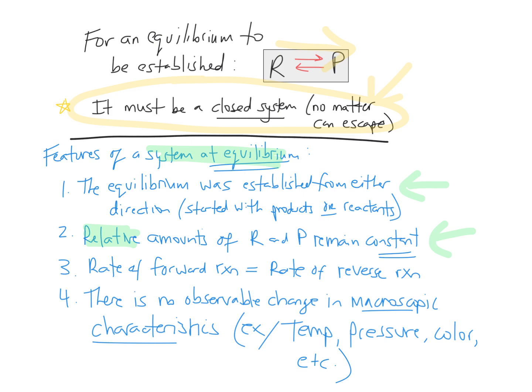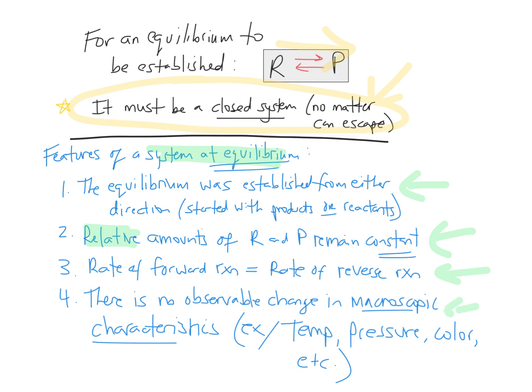Notice that it does not say that the amount of reactants and the amount of products are the same at equilibrium. Okay, they're not necessarily the same, but respectively, they remain constant and they remain unchanged if an equilibrium is established. Okay. The third feature is that the rate of the forward reaction is equal to the rate of the reverse reaction. We discussed this already. It defines a system at equilibrium.